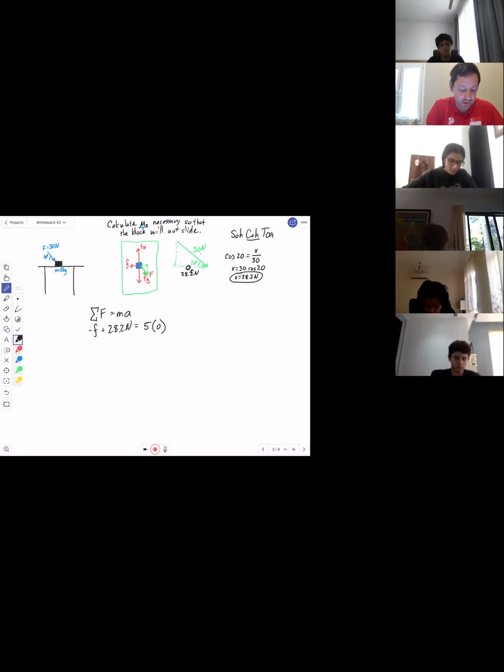So no sliding, so 0. That should allow us to solve for friction. We just move the F over to the other side, and we know now that the force of friction needs to be equal to 28.2 newtons.